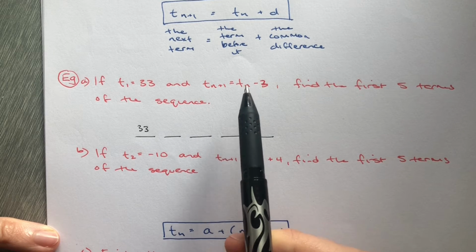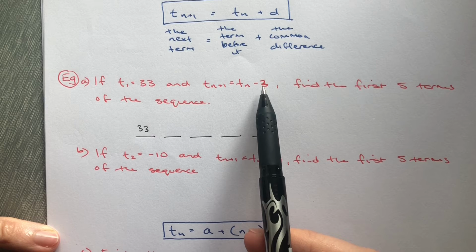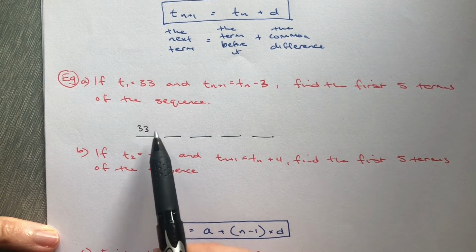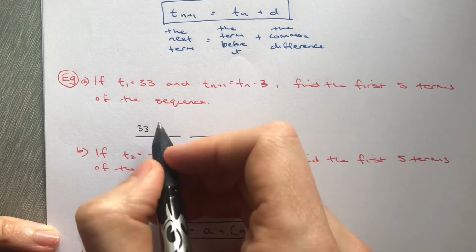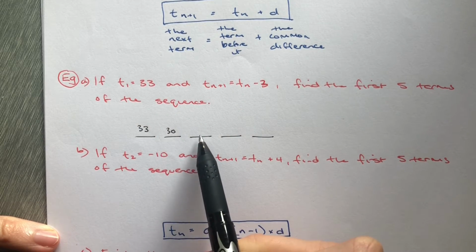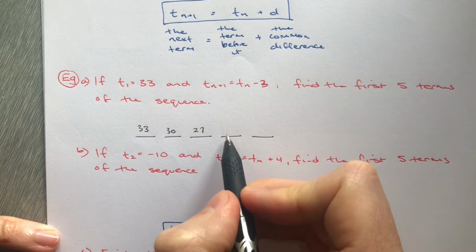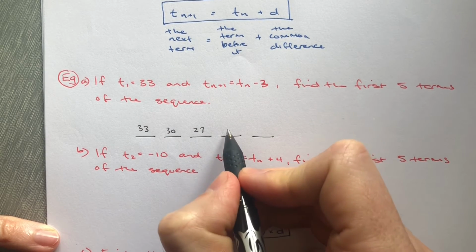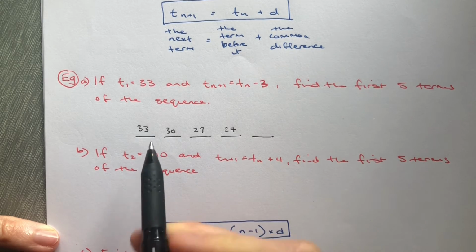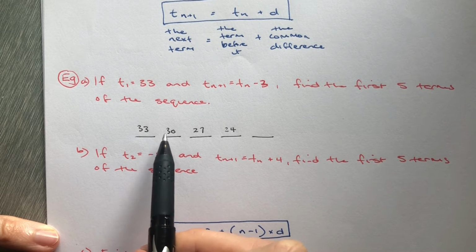This bit of information is telling us that the next term is equal to the term before it, take away 3. So we're just taking away 3, aren't we? The next one is equal to the term before it, take away 3, so that would be 27. This one is equal to the term before it, take away 3, so that's 24. Do you see how we're just starting on 33 and our common difference is minus 3?